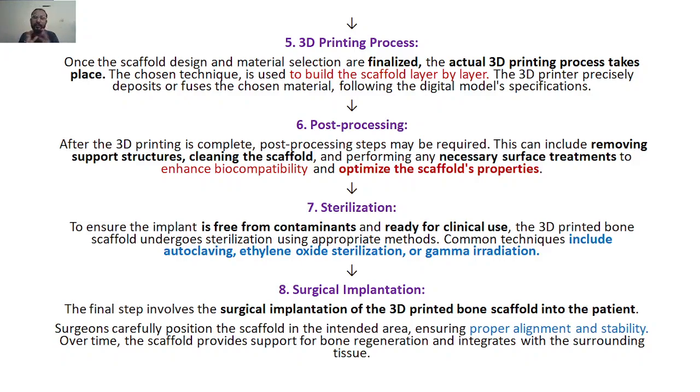Similarly, in autoclaving, a high temperature and high pressure are maintained so that any bacteria and impurities will be killed and deactivated. For particular organs like the ear and the liver, we can't use a higher temperature, so sometimes we use ethylene oxide sterilization, not always, because it is a harsh technique. For bone we can go for autoclaving, not a problem. Since we are studying bone here, we are mentioning autoclaving.